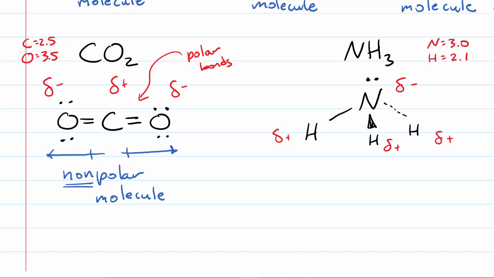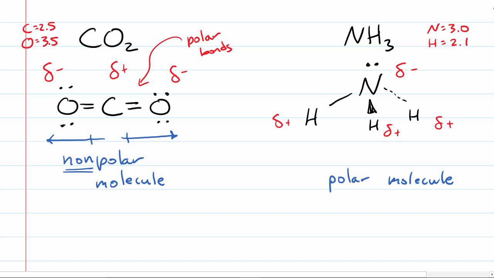So again, this one here is going to be a polar molecule. And if you're looking at it in terms of vectors, you'd see that the vectors pretty much all point in this direction here, and they are going to have a net direction that is in that upward direction towards the nitrogen.